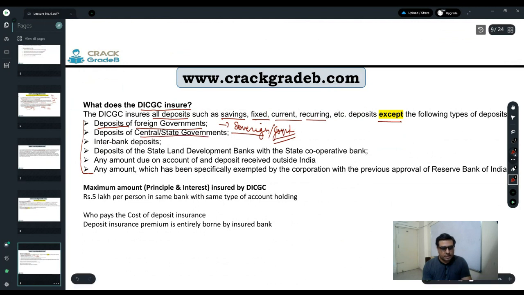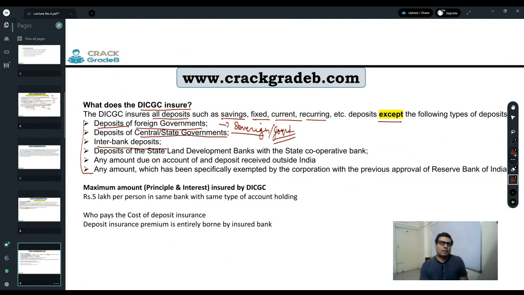Deposits of central and state governments, interbank deposits, right? Interbank deposit, yes, it's a little bit of an exception. Interbank deposits are placed by one bank with another bank, right? It is an arrangement with high volatility, meaning the frequency is very fast when they do the deposits.